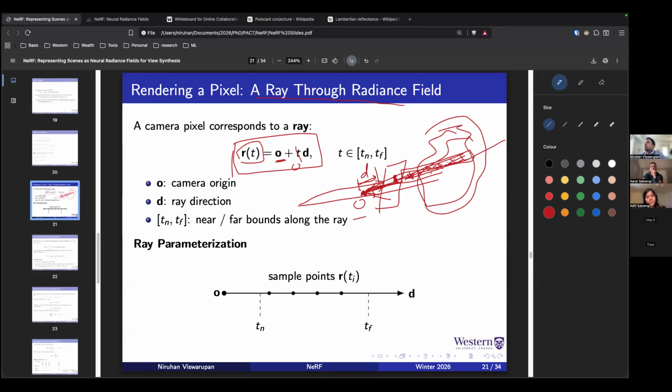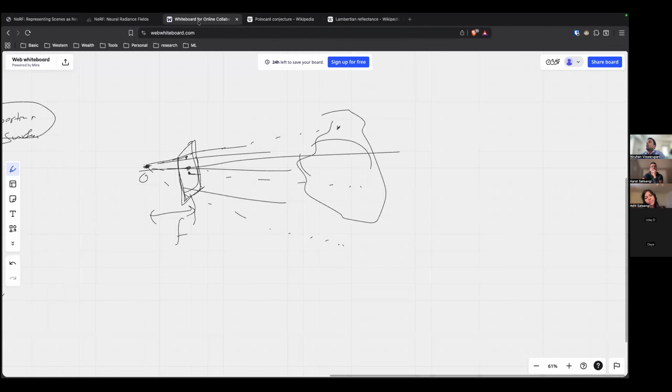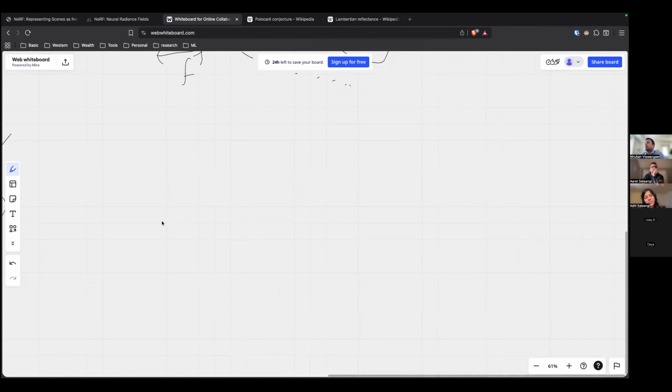What is t for? Let's say you have an origin vector here, then you have a unit vector D in some direction. Then consider the equation O plus tD, where t belongs to some near boundary and far boundary.